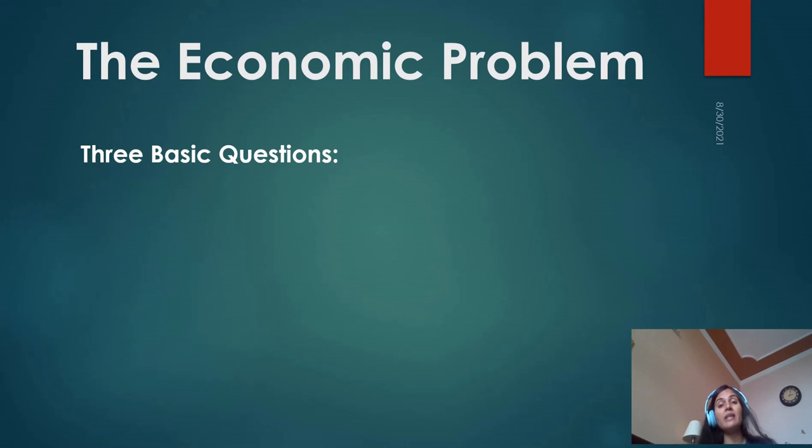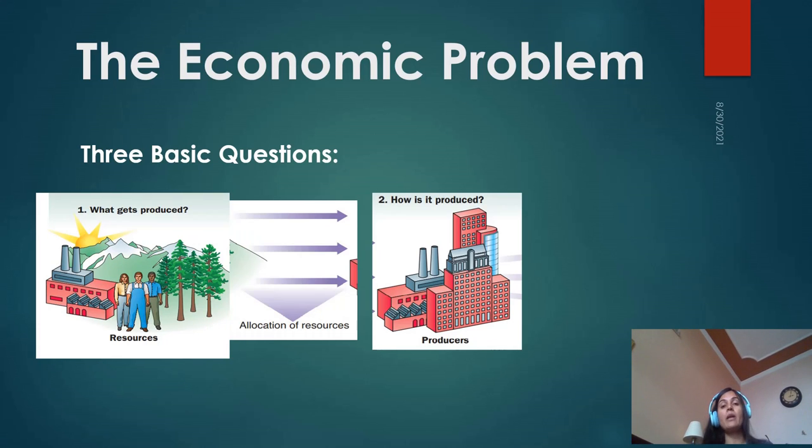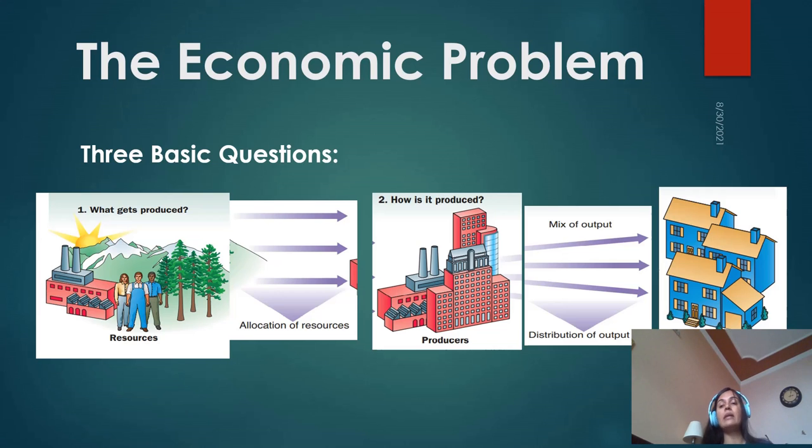And economics is basically the study of that process and its outcomes. Before you start learning an economic system, there are three basic questions that everybody should answer: what gets produced, how is it produced, and who gets what is produced. Right?